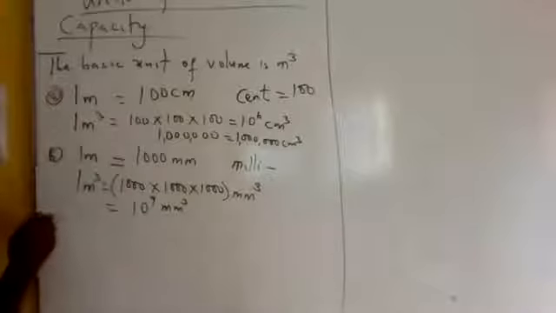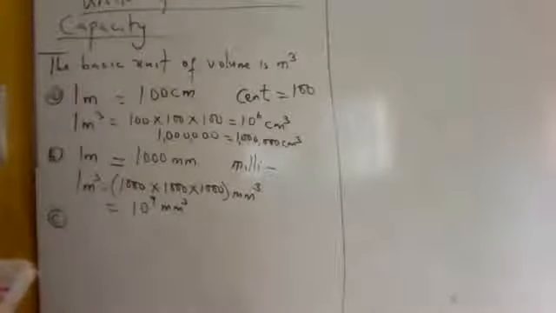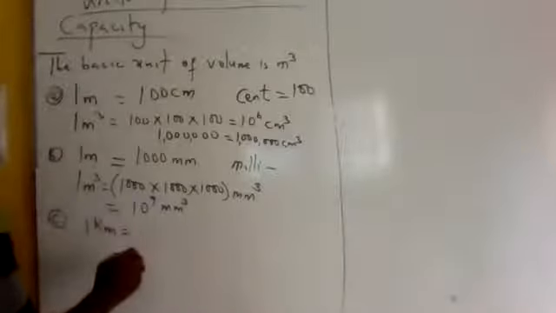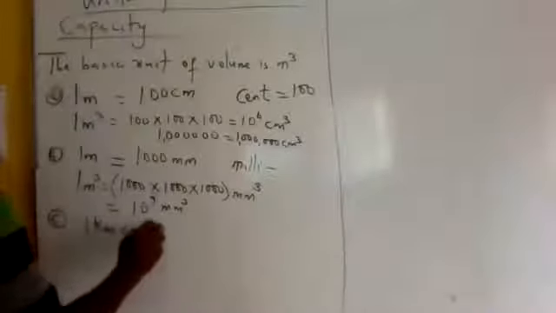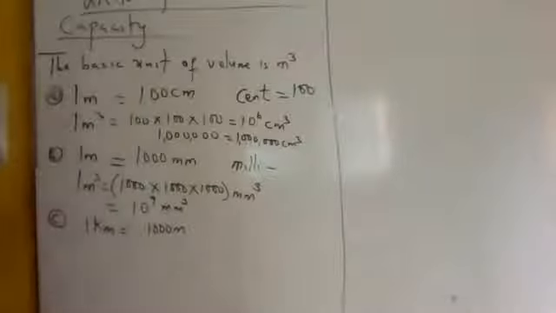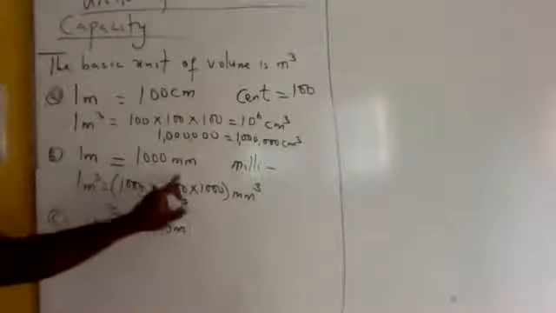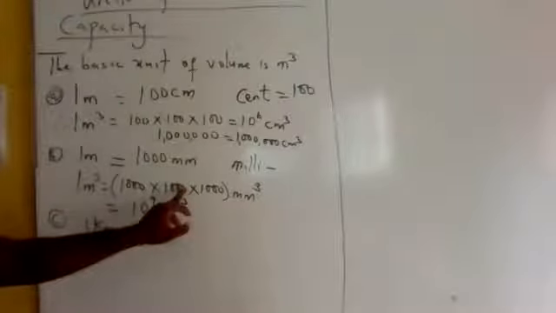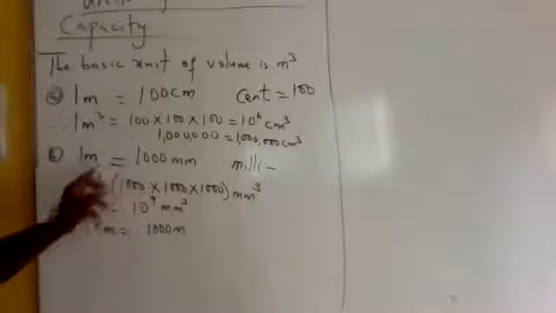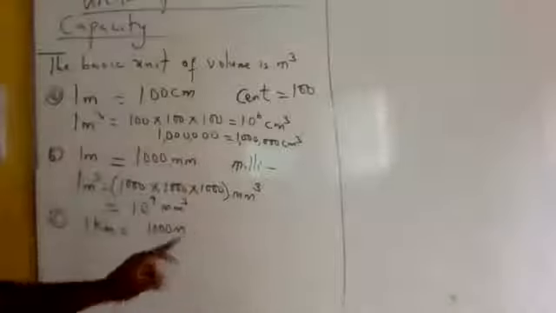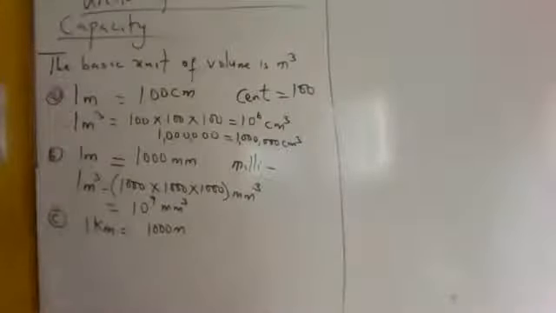So the next one is 1 kilometer. 1 kilometer is equal to what? 1,000 meters. So now you can see kilo is different from milli. Are you following me? 1 meter is equal to 1,000 millimeters. 1 kilometer is equal to 1,000 meters.